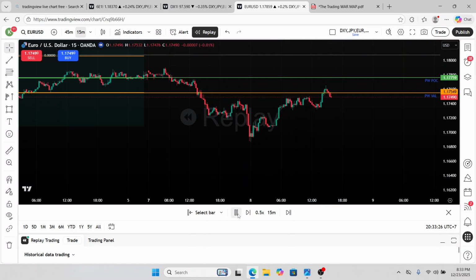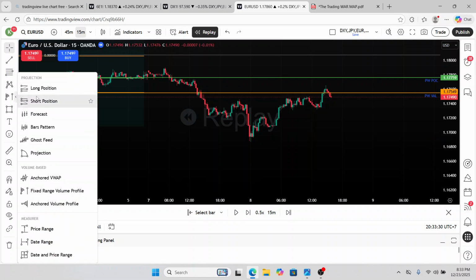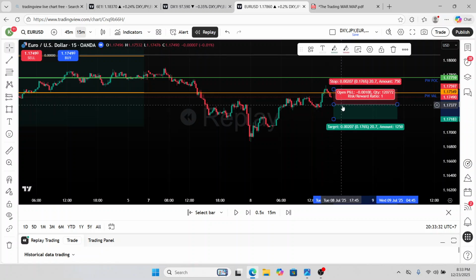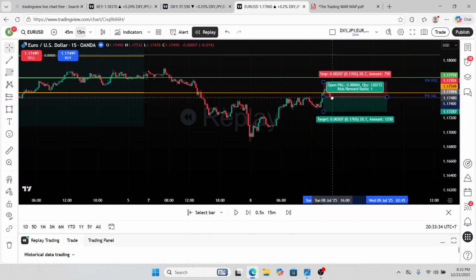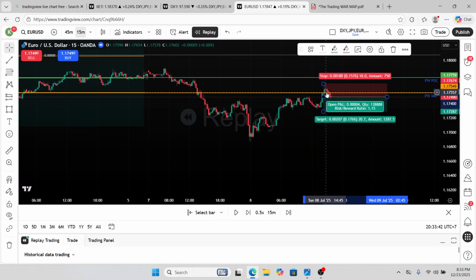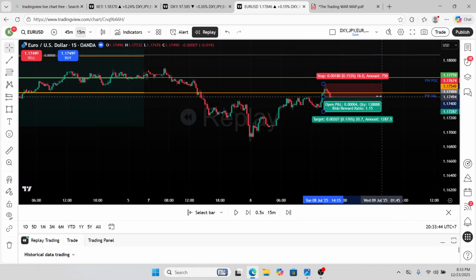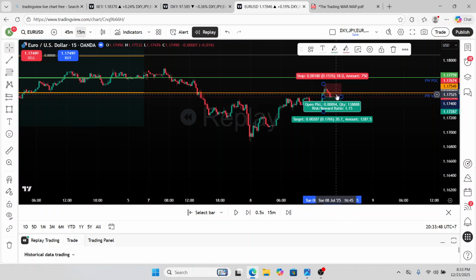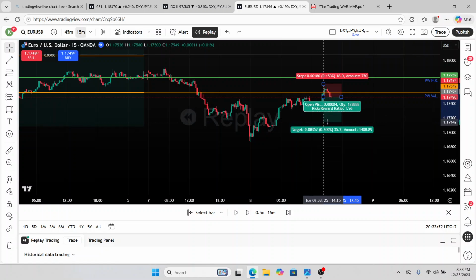Once we broke below here I would have been getting interested, and my stop loss would always be above this candle, and make sure it's above the wick to give myself a lot of protection.